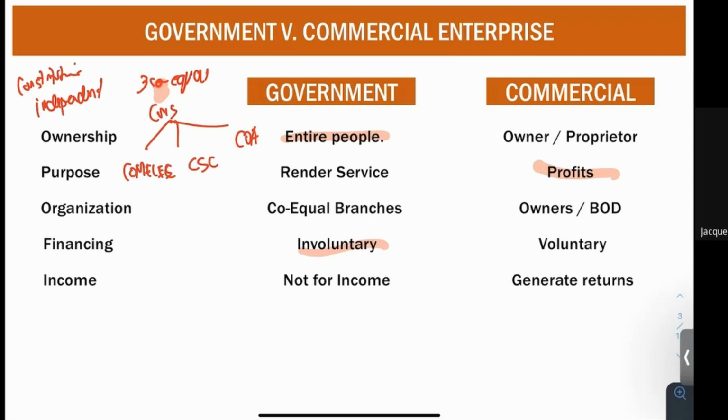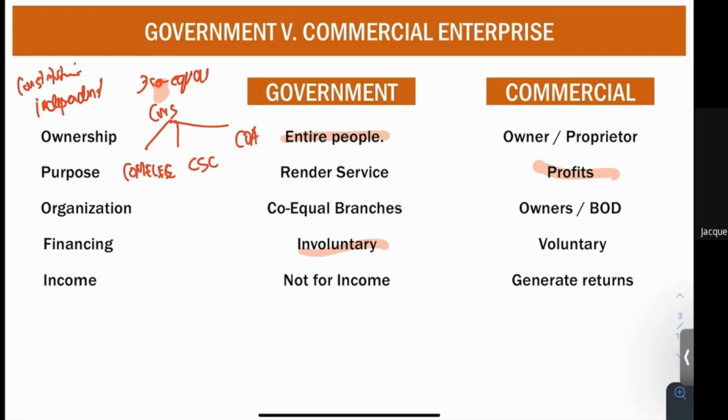As to financing, I said a while back that the government is financed involuntarily. When we say involuntary, it is not because we want to donate money for the government, but because the money we pay through our taxes is actually an involuntary exaction by the government. Involuntary because the government assesses us so that it continues its services under the lifeblood doctrine.